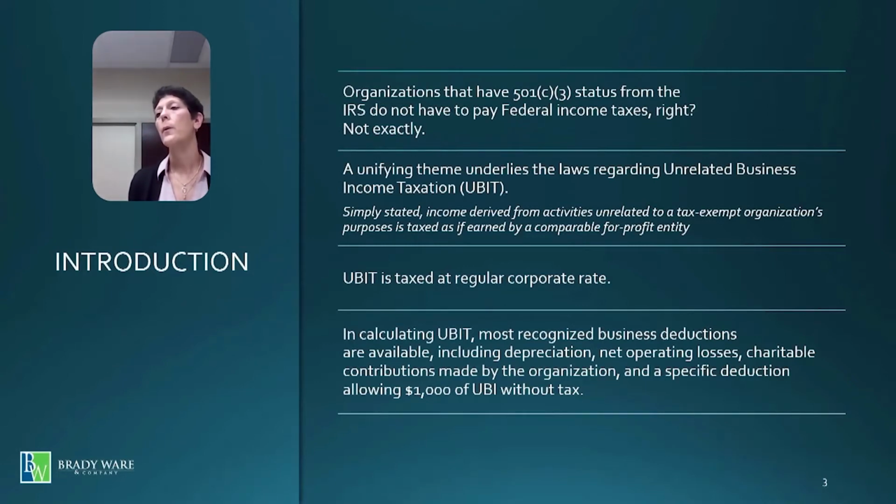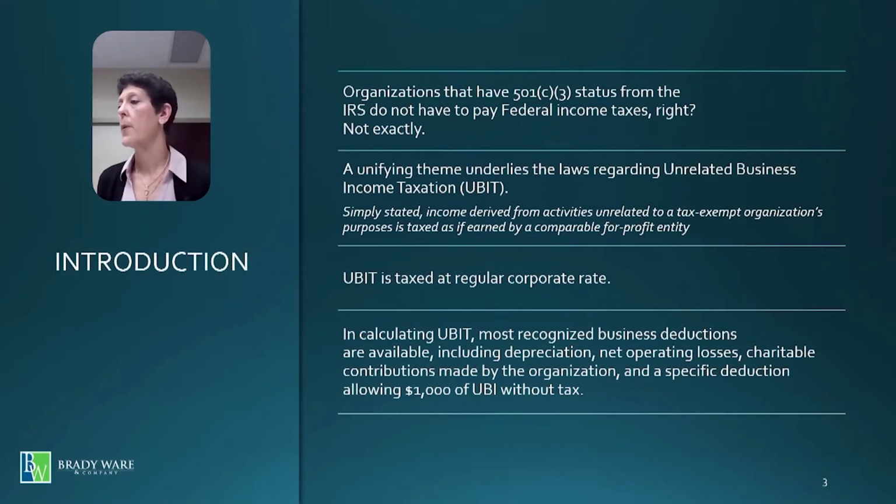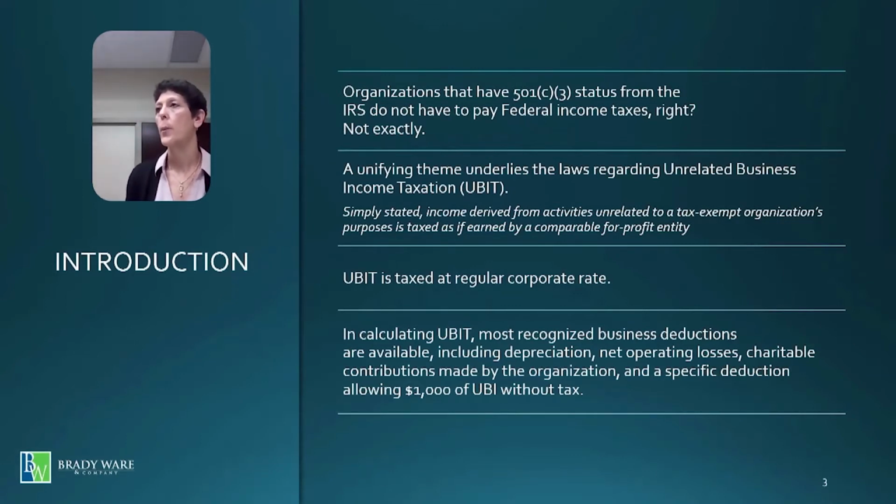So if you do come across UBIT income created from some type of activities that your organization puts on, that UBIT income is taxed at regular corporate income tax rates.